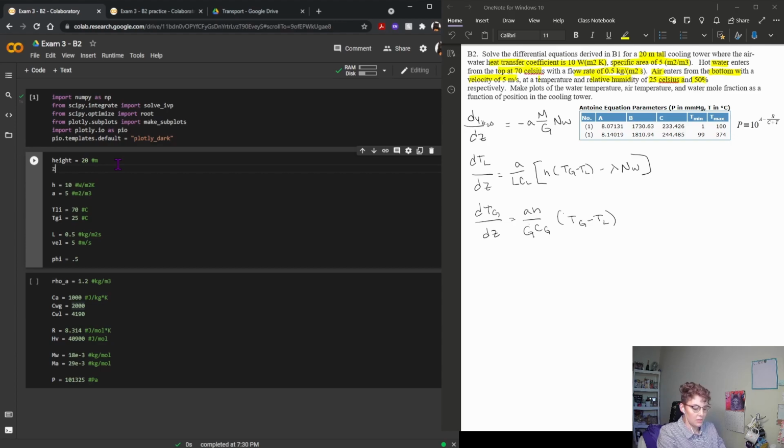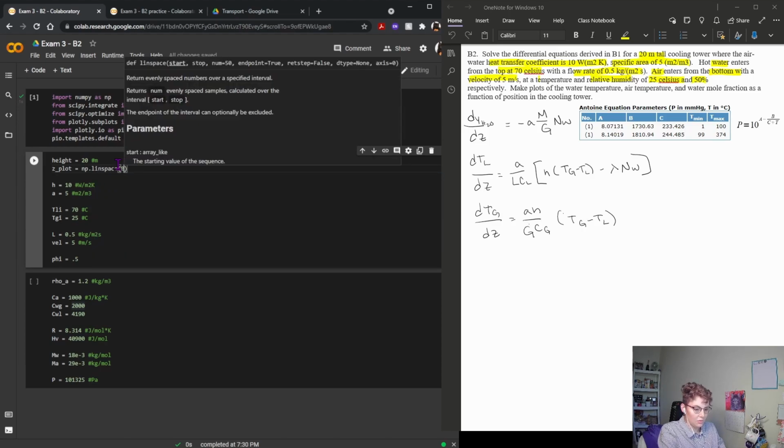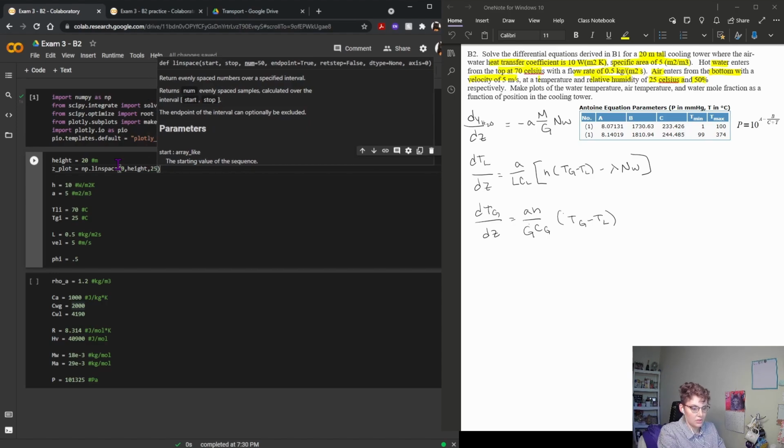And so the first thing that we're going to do is make this zplot using the numpy linspace command. Our initial value will be 0, and our final value will be our height. And let's just go for 25 numbers.